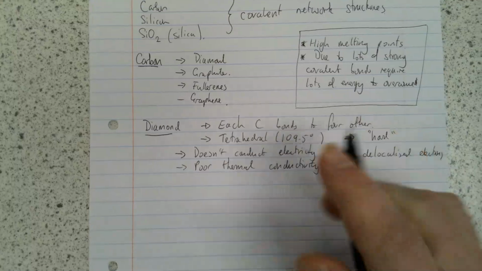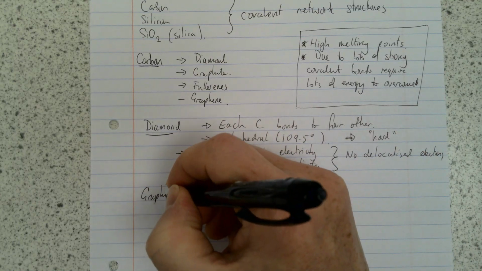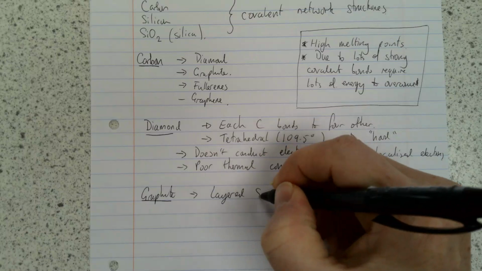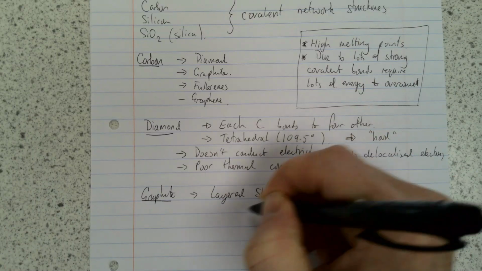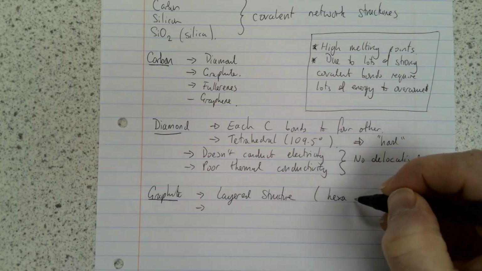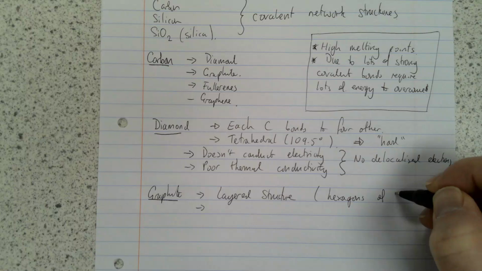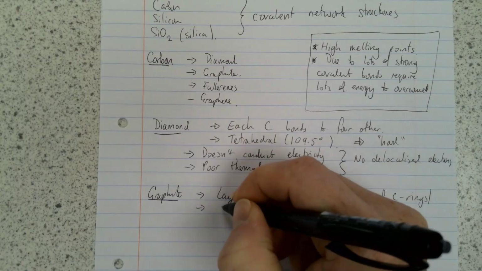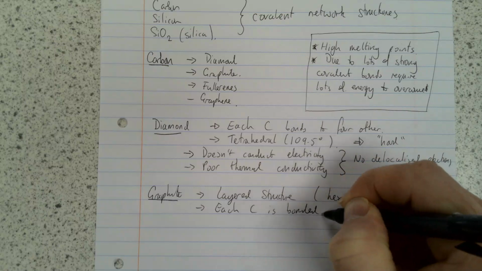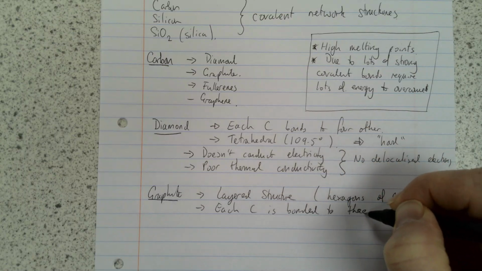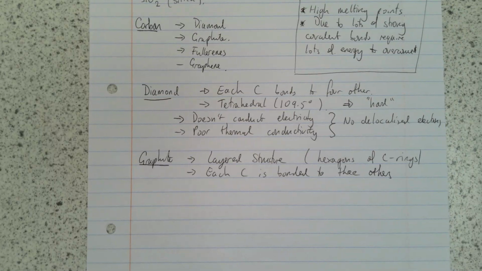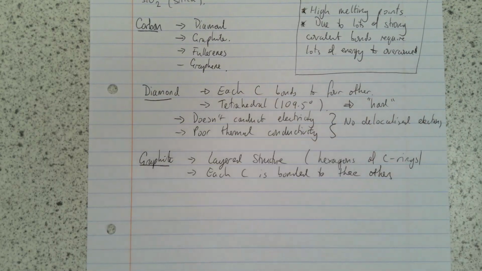So let's just remind ourselves of graphite. This time we've got a layered structure. Within a layer, you've got these hexagons of carbon rings. The key thing is that each carbon is bonded to 3 others. We'll talk more next year about resonance and delocalized structures.